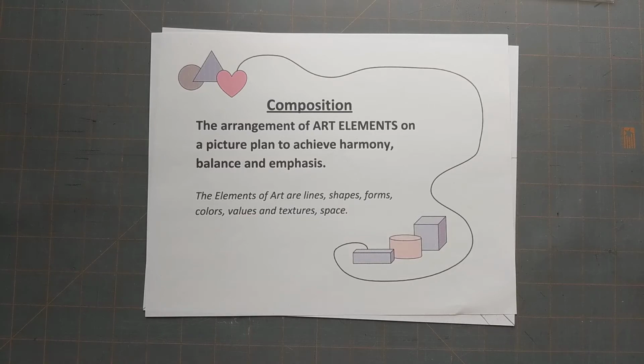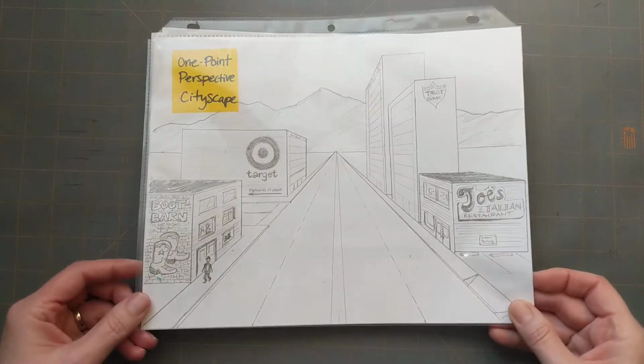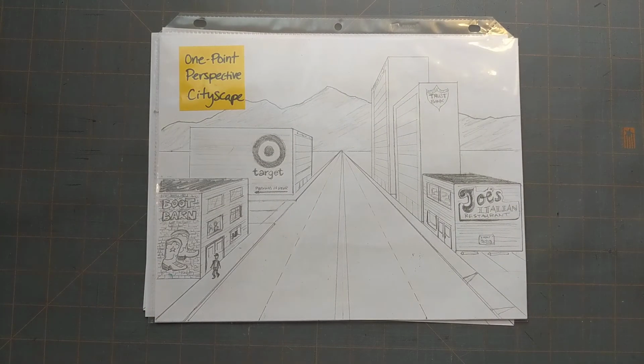So the goal of this composition is to achieve the illusion of space, and we're going to use at least 5 of the 7 techniques to do this. So let's just review and give you some examples of what techniques we're using.